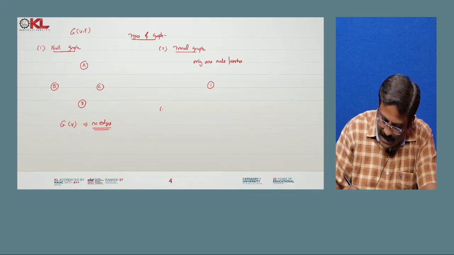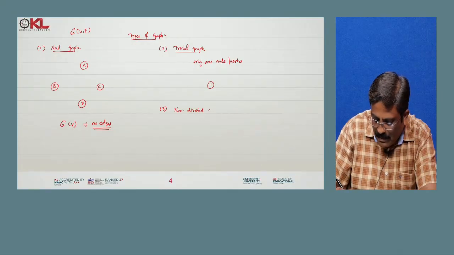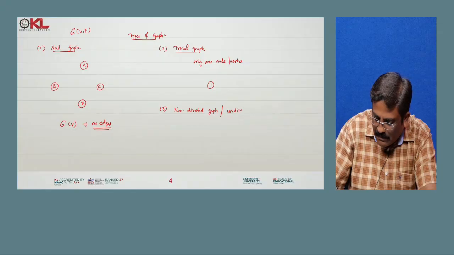Followed by that, the third category of the graph is the non-directed graph, or we can say the undirected graph.